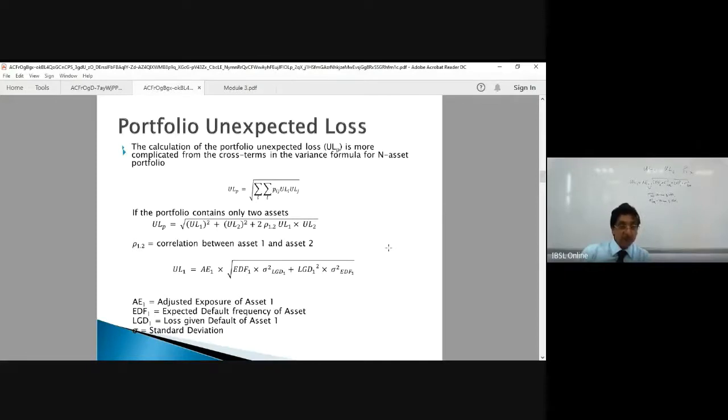This is only one loan. And if you take UL2, there also you can have the same type of formula to say that UL2 is equal to AE2 into EDF2 into square of the standard deviation of LGD2 plus LGD2 squared into variance of EDF2. So that is UL2.